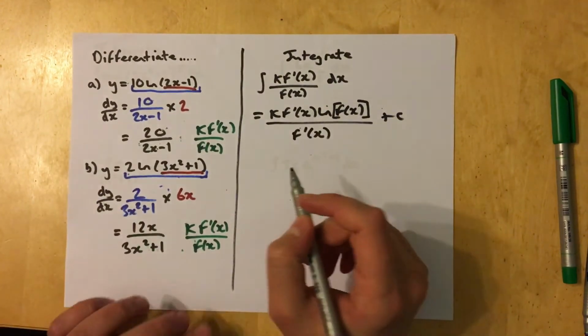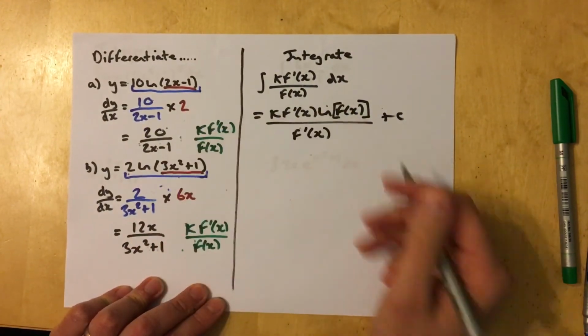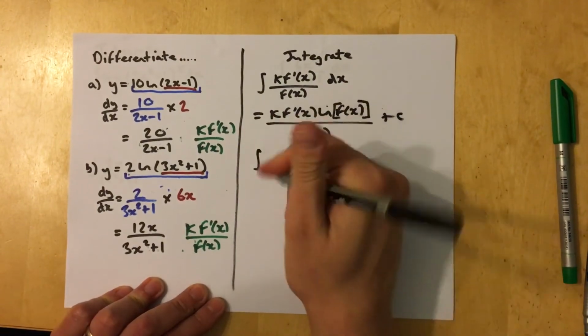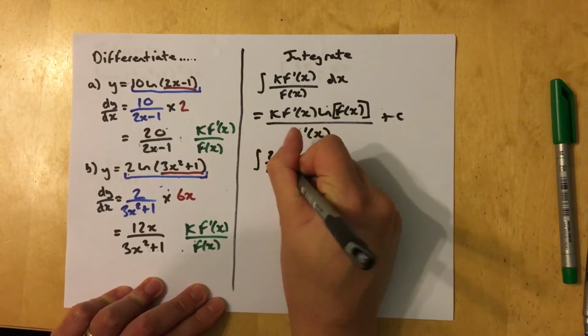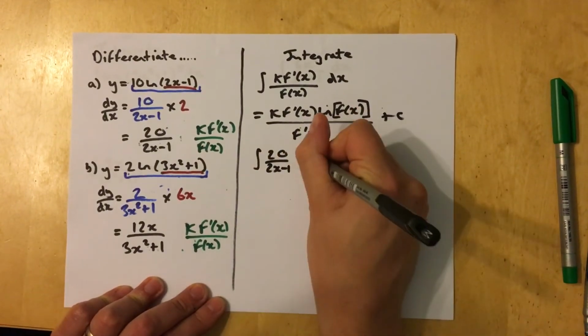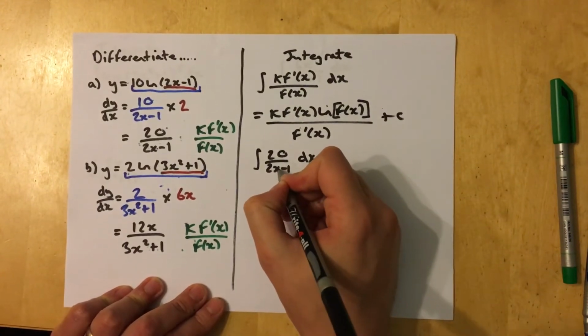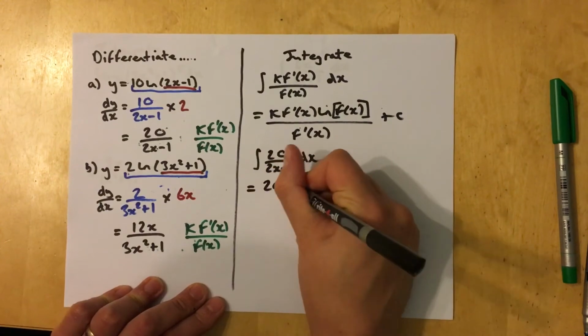So if we apply that idea, just to check these results, reverse what we've done with our differentiation. If we integrate 20 over 2x minus 1, we spot it's in that form and go, aha, that's going to give me a natural log, because I've got a multiple of the derivative of the denominator in the numerator. I'm going to leave the numerator alone.